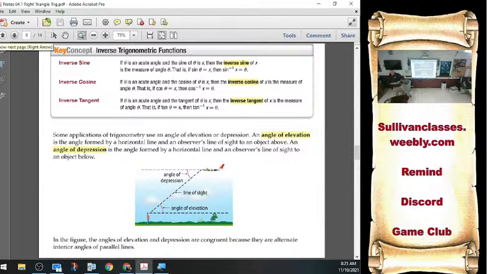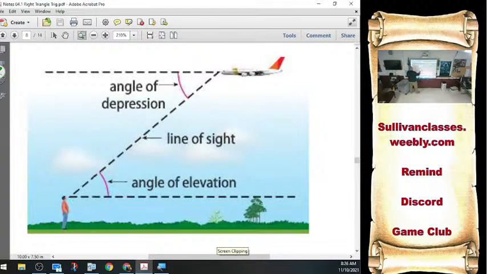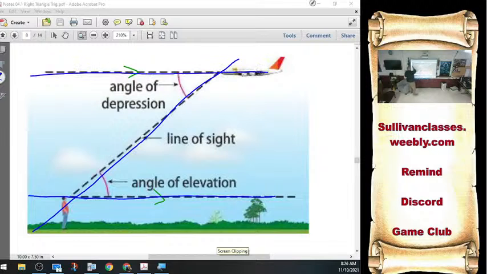Okay, what did you learn about parallel lines and a transversal cutting across them? Specifically, if I have a set of parallel lines and a transversal cutting across parallel lines, what are these called?